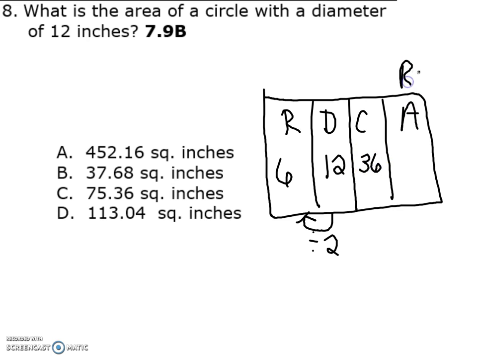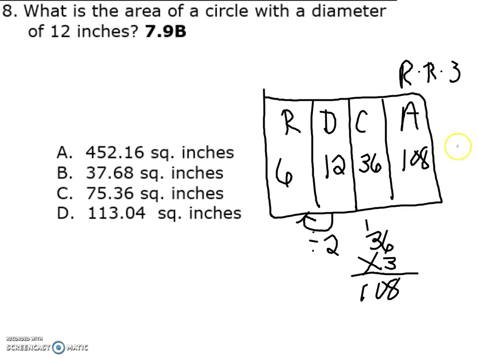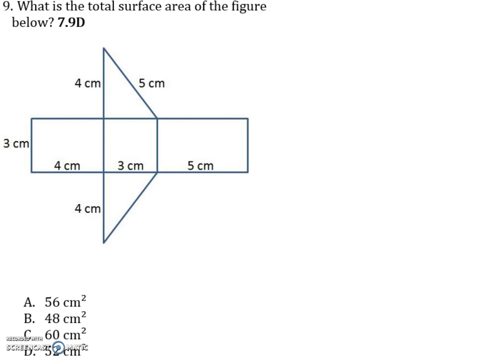To find the area, radius times radius times 3. 6 times 6 is 36. 36 times 3. 3 times 6 is 18. 3 times 3 is 9, plus 1 is 10. We have 108. And remember, we rounded pi to 3, so the closest is D. Okay, let's go to question number 9.